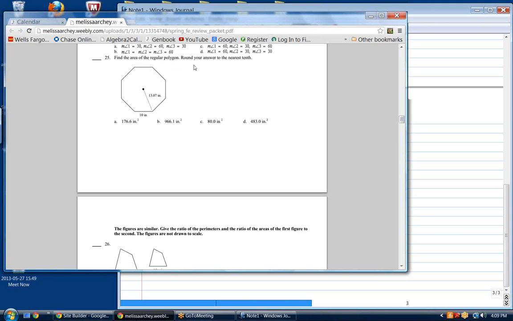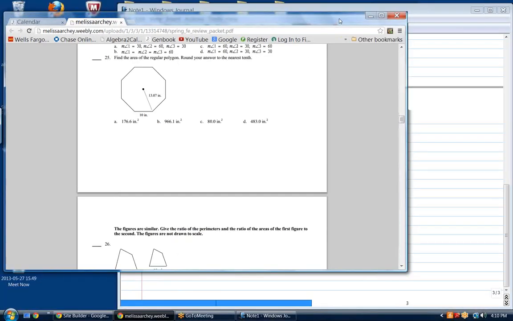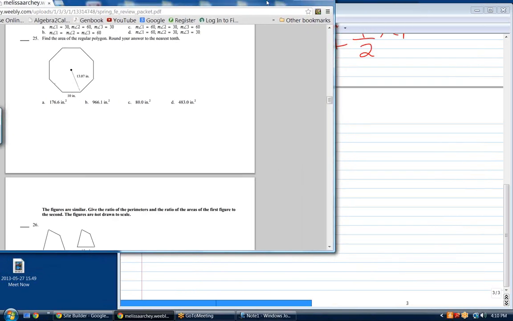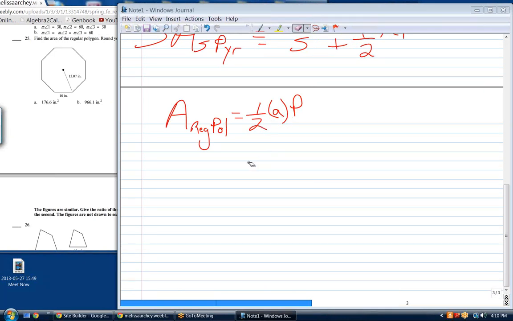Find the area of this regular polygon. Right. First of all, what kind of regular polygon is that? That is an octagon. Okay. So what is its central angle? Remember, that's the first step in solving for area.